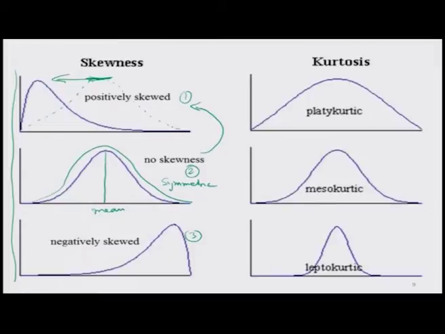Similarly, if you compare figures 2 and 3, you can see that in figure number 3 a symmetric curve would have been like this one. Here the mean value is shifted, and the hump is shifted from the center to the right hand side.